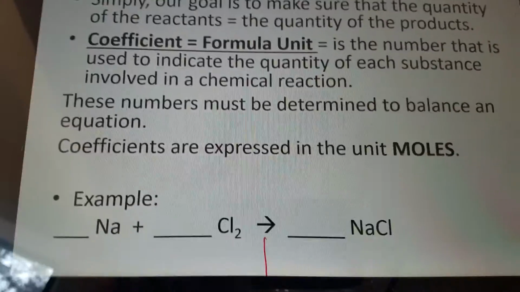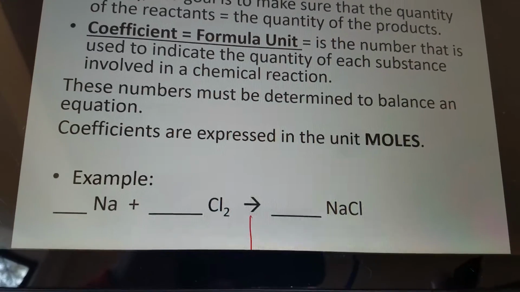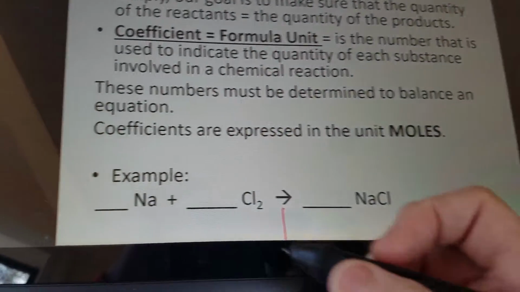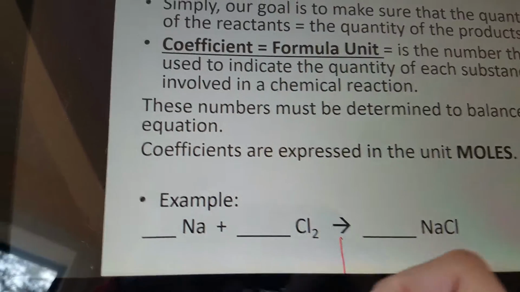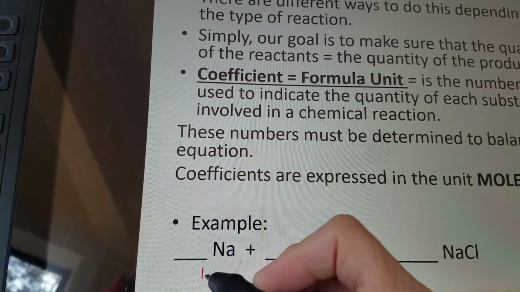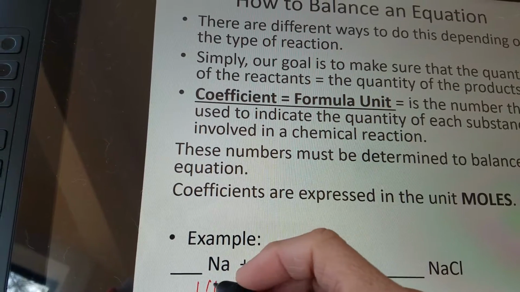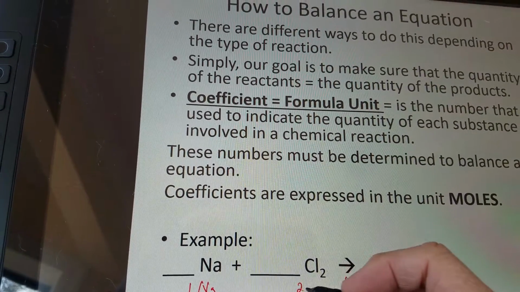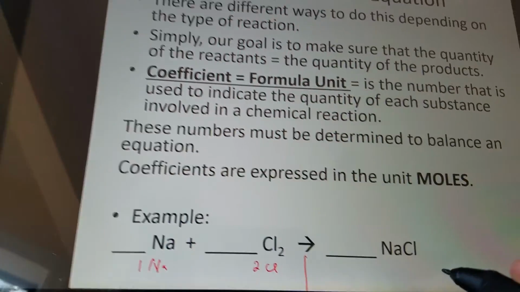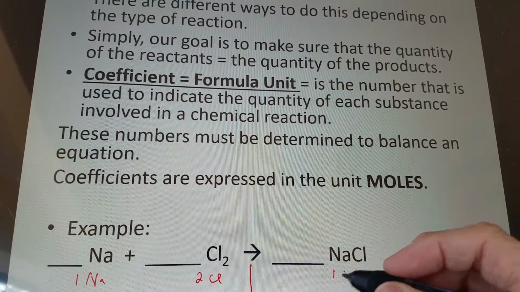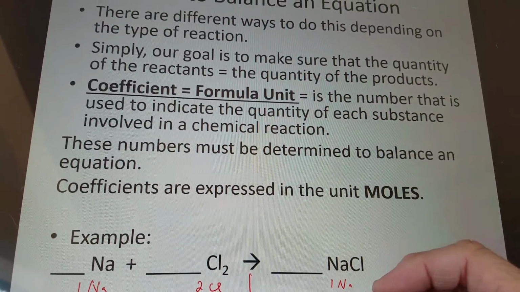So what I always do is draw a line between the reactants and the products, and then below each of the substances I put what I have. So I have one sodium here, I have two chlorines here, and then on this side I have one sodium and one chlorine.